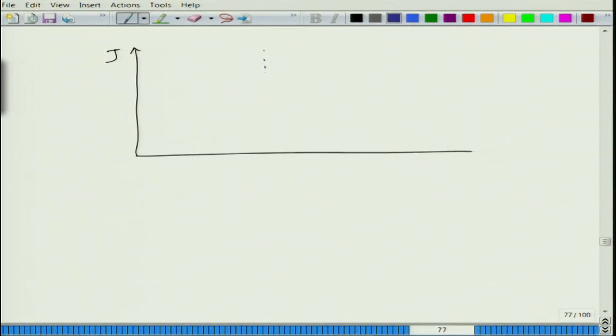Let us draw the space charge region here, and this is the direction in which x is plotted. Here again, just like earlier, this is minus x p, this is x n, and we have used x 1 in this direction and x 2 in this direction.